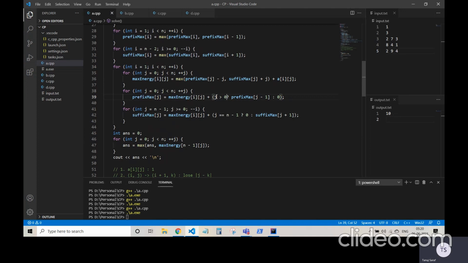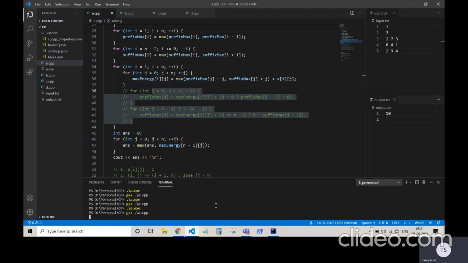And it looks good to me. Maximum energy n minus 1. Okay, it works.